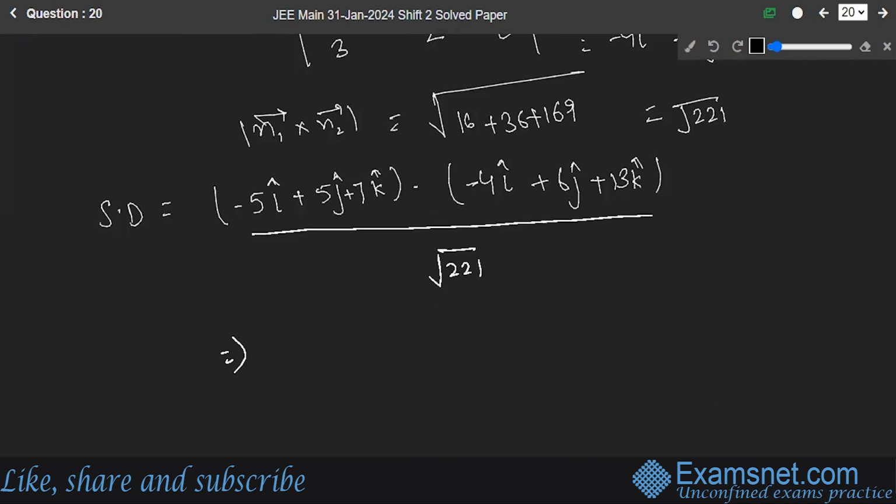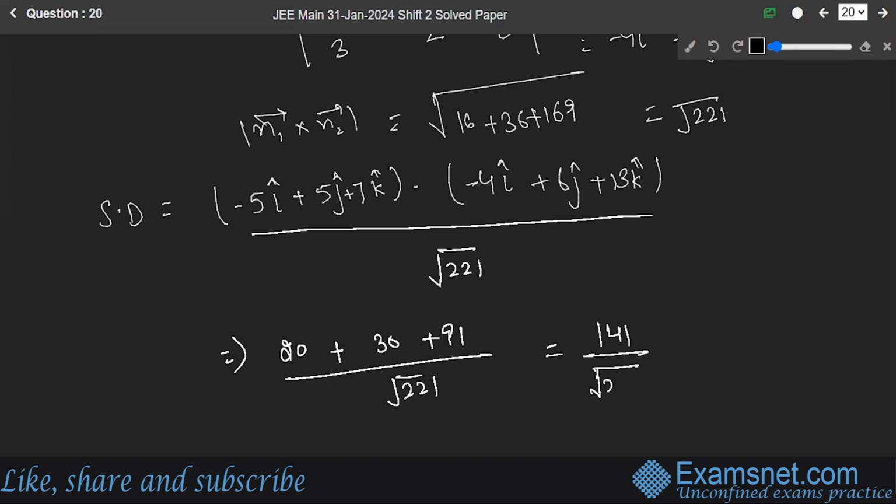The numerator will give me 20 plus 30 plus 91 upon root of 221, which is going to give you 141 divided by root of 221.